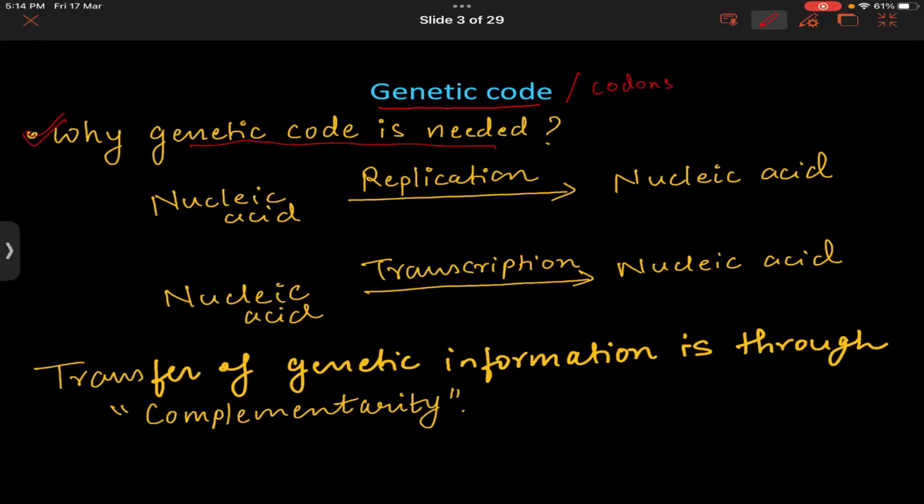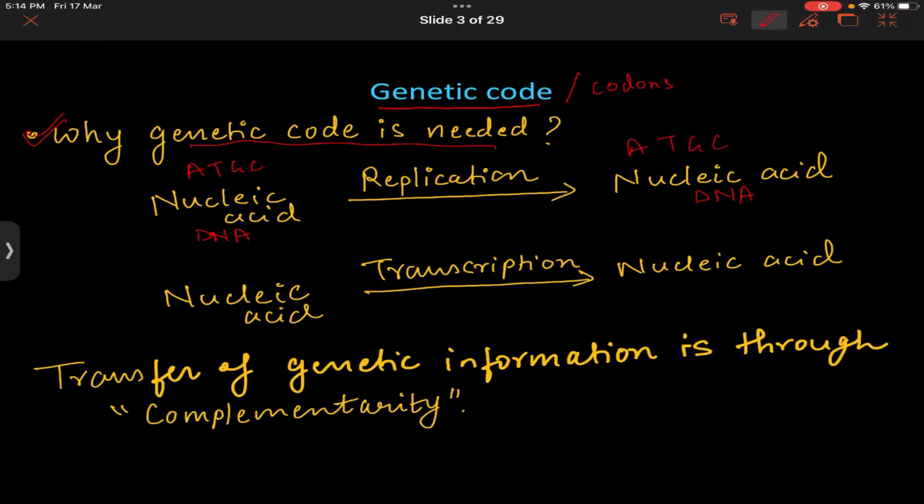So we saw in replication, right, that the information in the DNA gets copied into another DNA molecule, correct? So the language is the same, all right? The ATGC bases are present in the nucleic acid, and after it gets replicated, the DNA molecule also has ATGC.